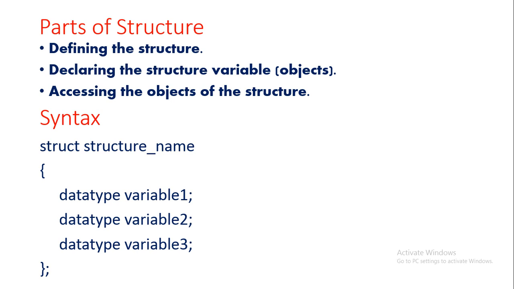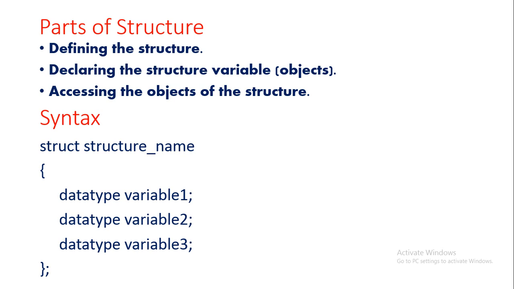Here you can see the syntax of the structure: struct, structure name, and open braces. Then the data type variables. Normally we declare variables as integer, character, float. So we have some different variables, and here you can put the data type variables.